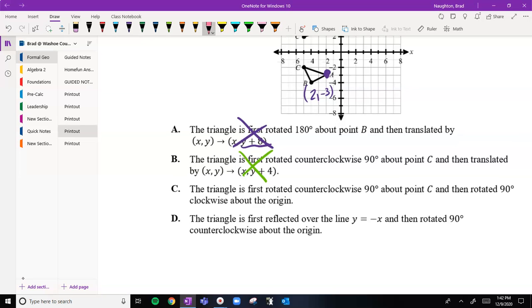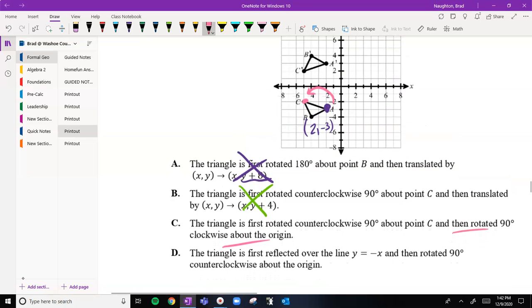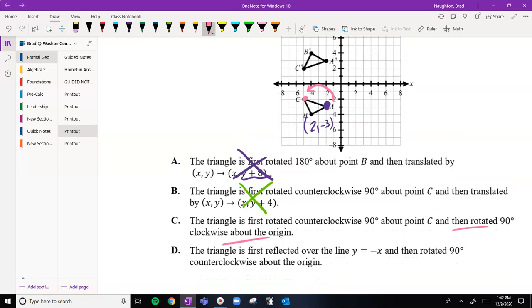It says rotate it around point C. So if I go 90 degrees counterclockwise, that's that way. And then it says 90 degrees clockwise about the origin. Then A will be all the way over here. When I rotate it 90 degrees clockwise, I'm going to be back over in this section because it's around the origin. That's not it either.